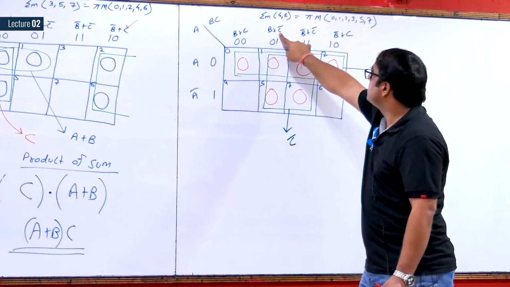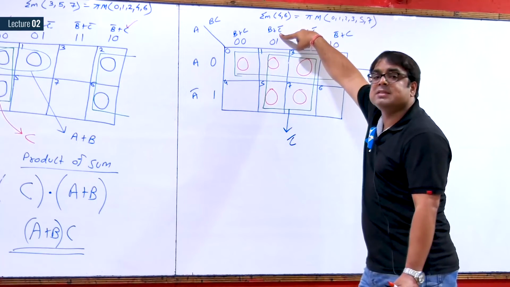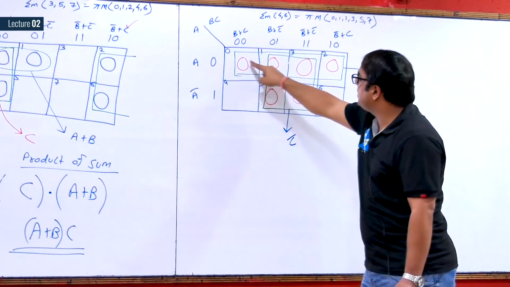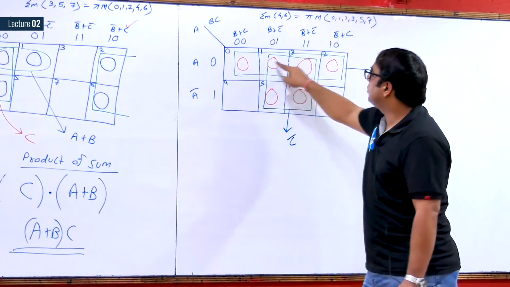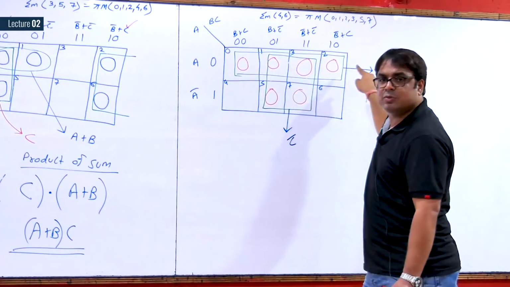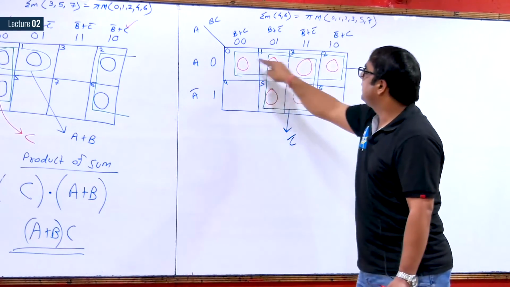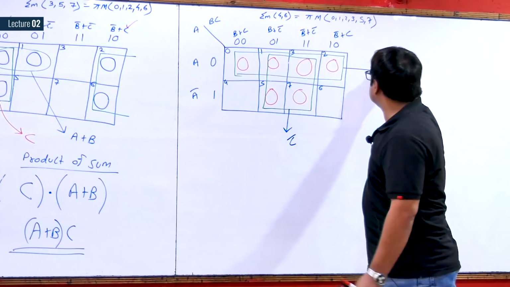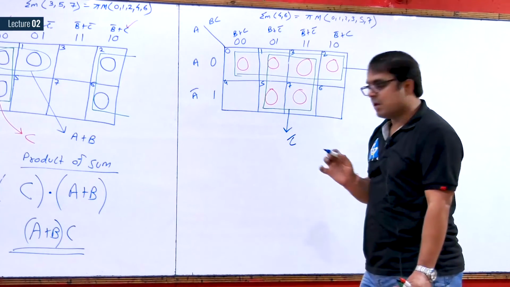Again see, 1, 3, 5, 7, what is common? Only C complement is common. Now see this one, 0, 1, 2, 3, what is common? A is common.